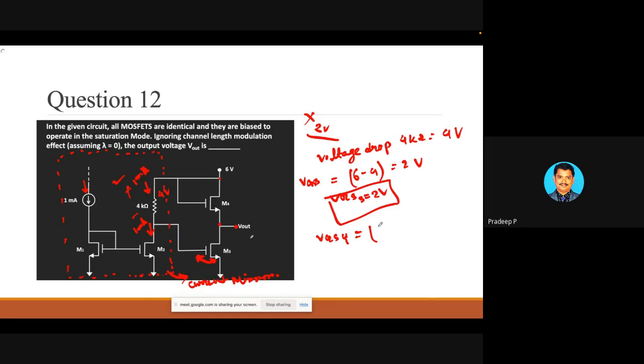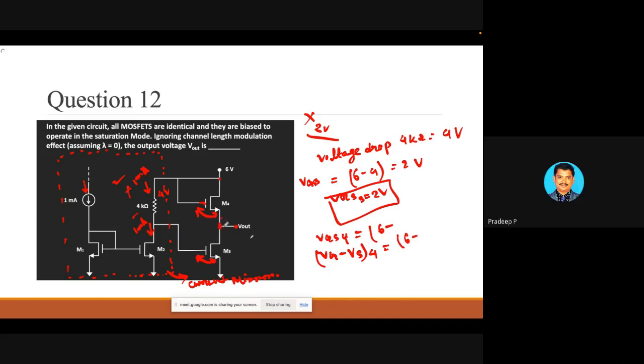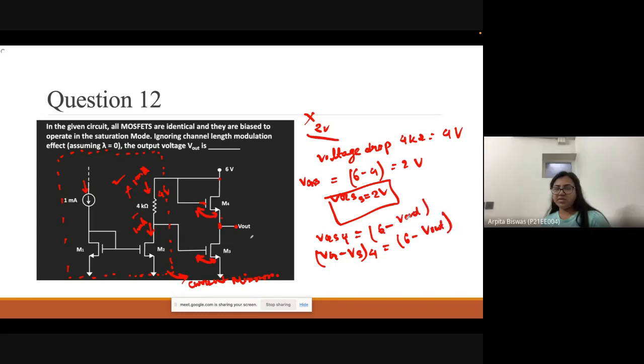No. See, the gate side is connected with the 6 volt and the source side is connected with the V output. Then what is the value of VGS4? VG minus VS for the fourth transistor. 6 minus source side V output, right? Yes. So VGS4 is equal to 6 minus V output.